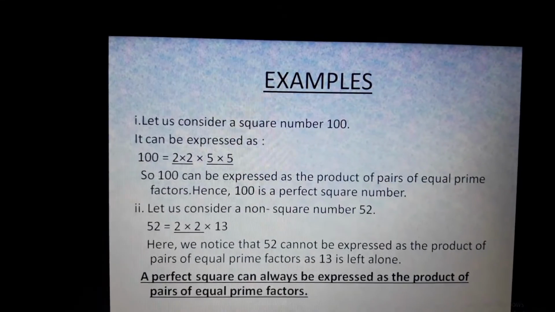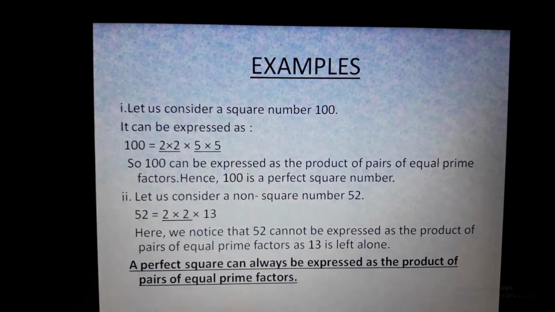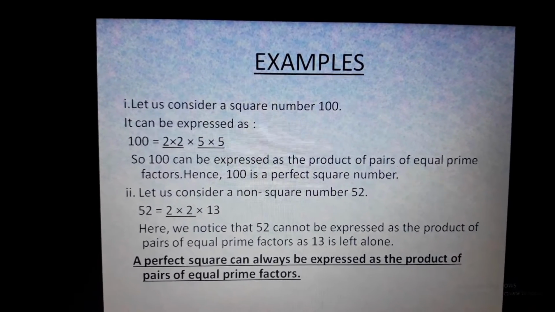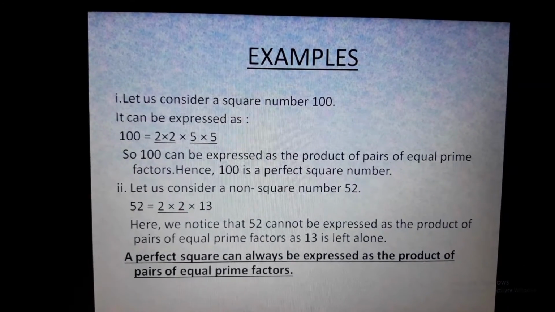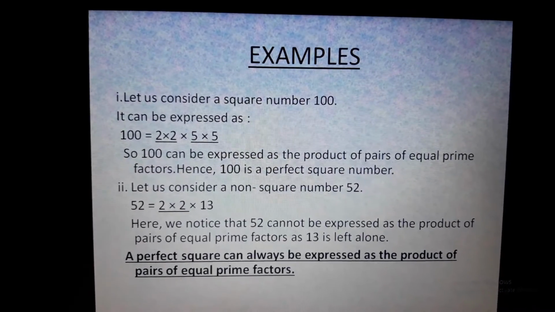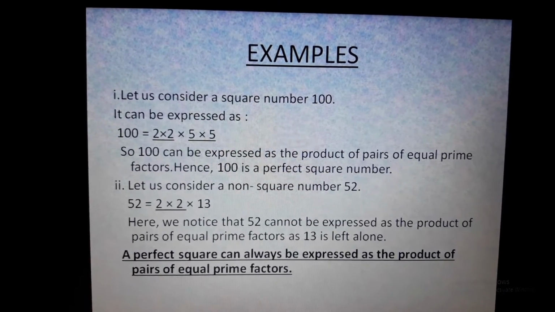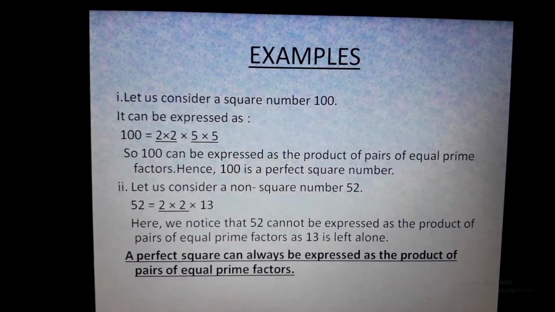Let us see some examples. The first example is 100. 100 can be written as 2 into 2 into 5 into 5. So 100 can be expressed as the product of pairs of equal prime factors. Hence we can say that 100 is a perfect square number. But if we consider a non-square number, that is 52, we can write 52 as 2 into 2 into 13.